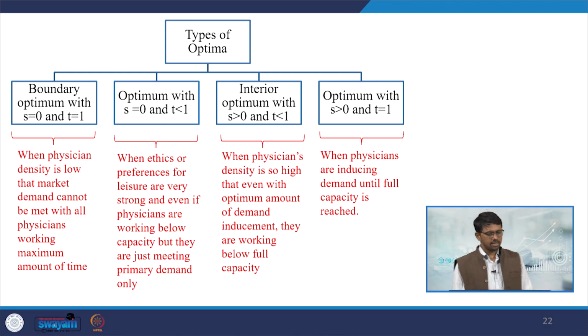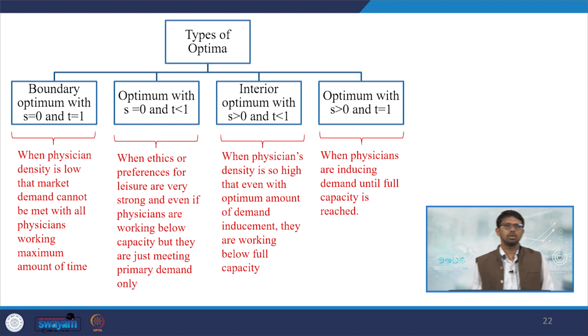In the first case, boundary optimum with both at the boundary, s equal to 0 and t equal to 1, when physician density is low, that market demand cannot be met with all physicians working maximum amount of time.